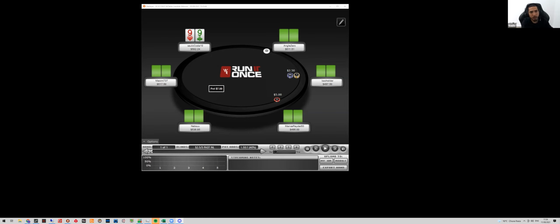But if you don't know what the GTO solution looks like, how can you say that you're correctly exploiting your opponents? So you need to know two things. You need to know what the GTO solution looks like, and you also have to have a very good idea of how your opponents are deviating from that specific solution so that you can do the third step, which is develop a counter strategy. So it's a 3-step process, right? Understand the GTO solution, understand how your opponents are deviating from it, and then build a counter strategy.